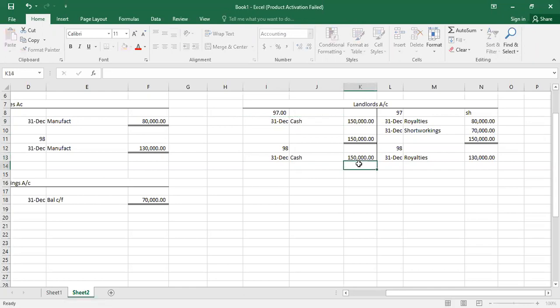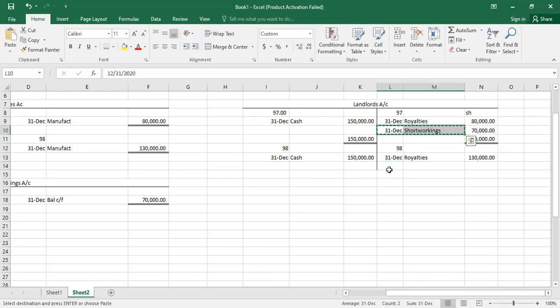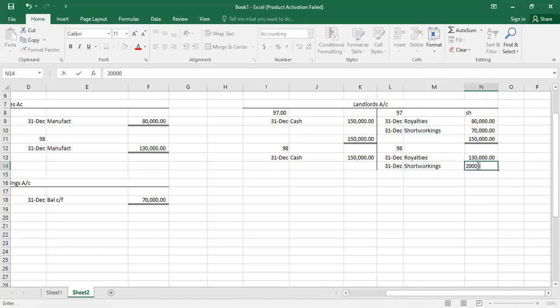So did we experience a short working or we have a surplus? We have a short working. So as at the end of the period, we have a short working of how much? 20,000. So we again close the books.